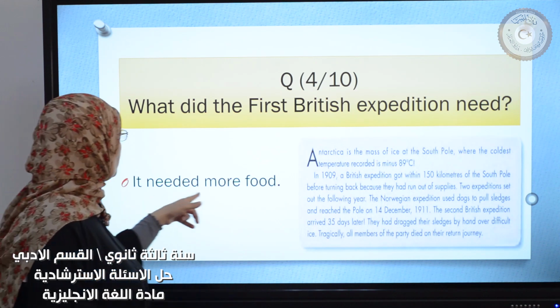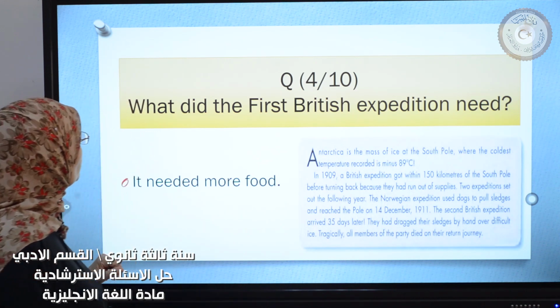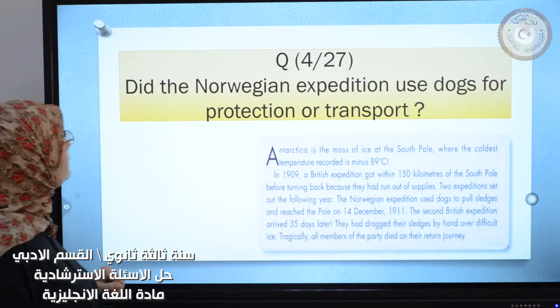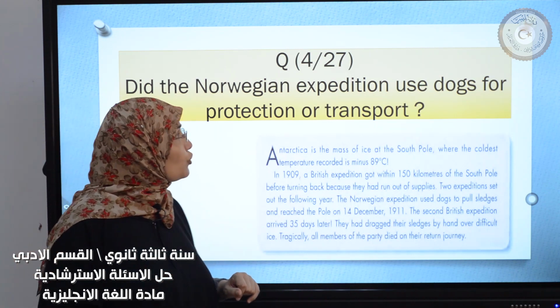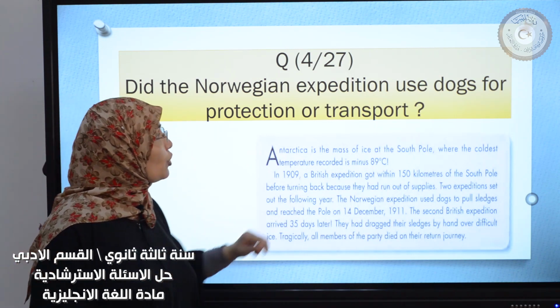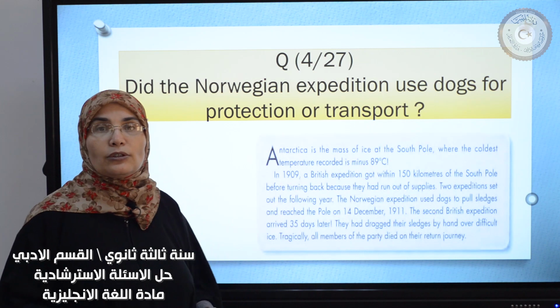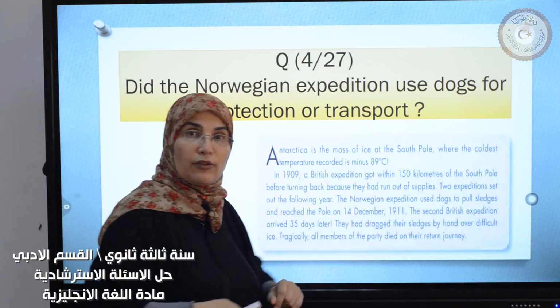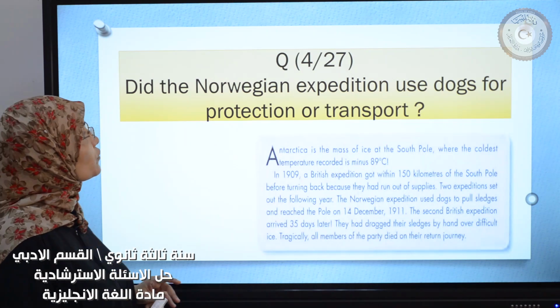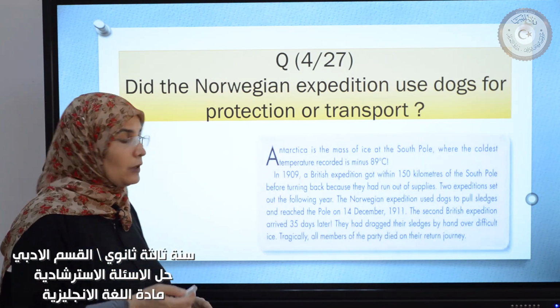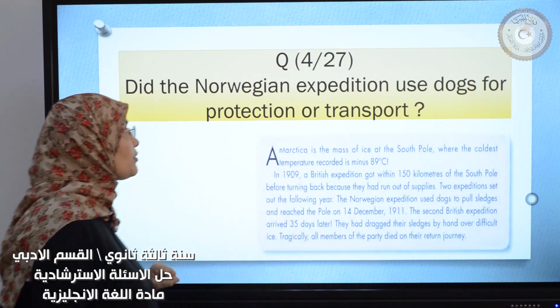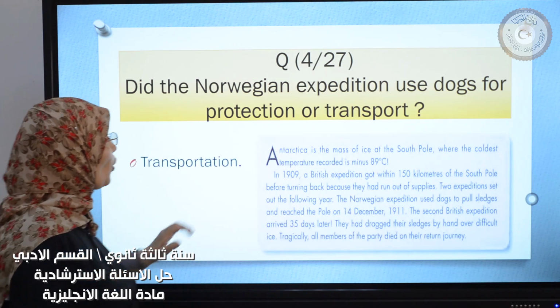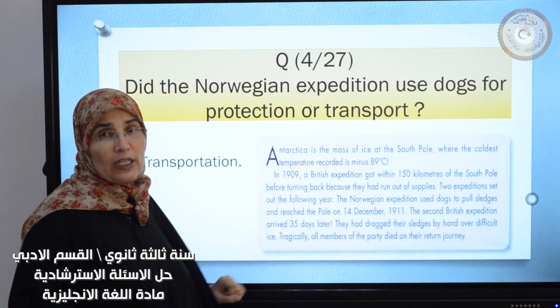They needed more food. Did the Norwegian expedition use dogs for protection or transport? Transport means moving from one place to another. So what did they use dogs for? Yes, transportation. Or you can write the word transport.